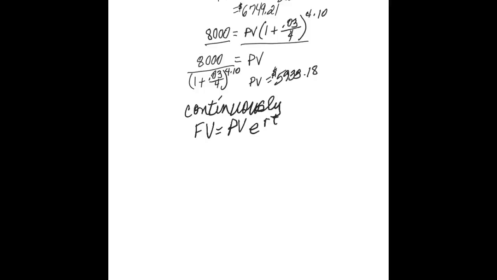And we're going to use the same thing that we used before. This time we don't have to use compoundedness. We're still going to use r is equal to 0.03. We're going to let t equal 10 years, not 10,000. 10,000 years would be funny. And our present value is equal to $5,000.